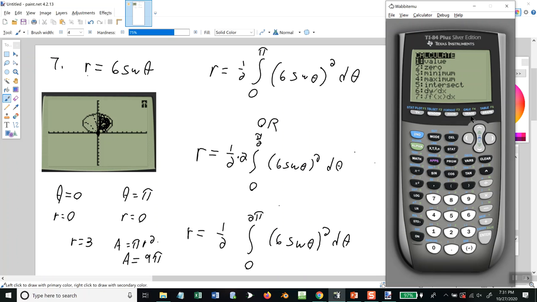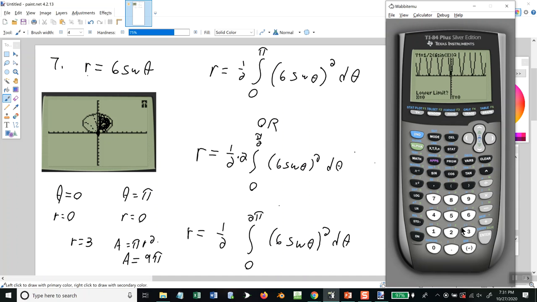Second trace, choose number 7, and 0 to pi. That does look like 9 pi, doesn't it? As I said, 9 pi is like 9 times 3 point something, so 27 or 28. So that gave us that answer.